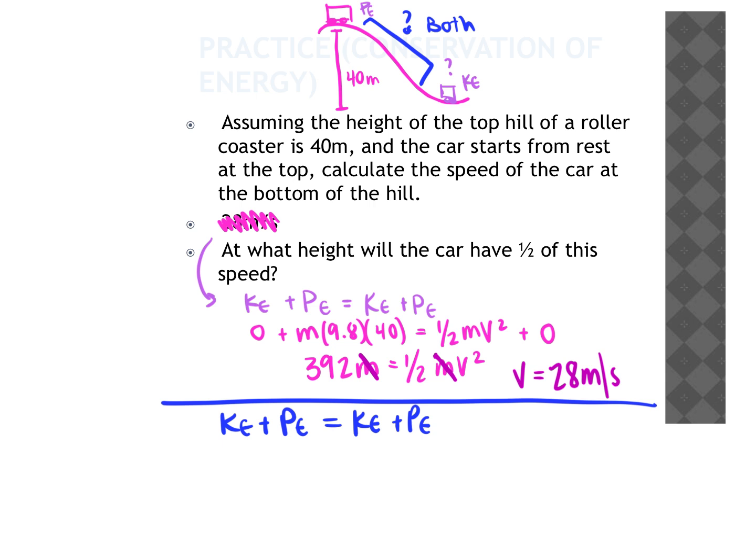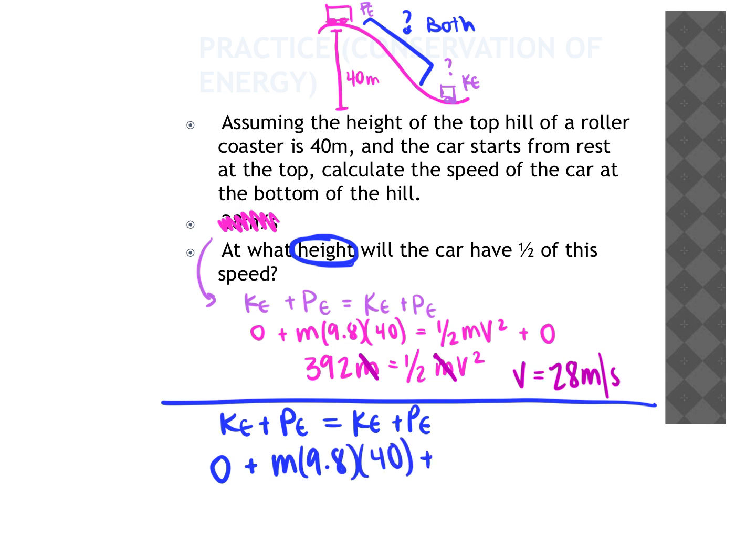It's just easier for me to go back and use the beginning one, right? So I'm going to go from the start point to the middle point. What am I really solving for here? I'm solving for height, okay? So we said at the beginning we have no kinetic. We have m times g times h.